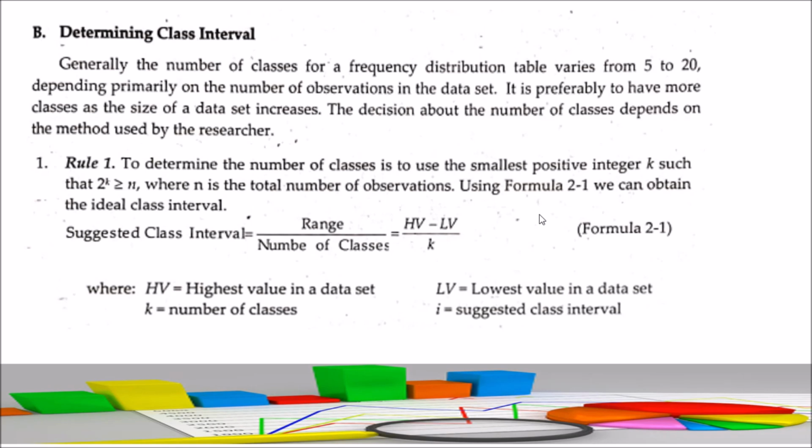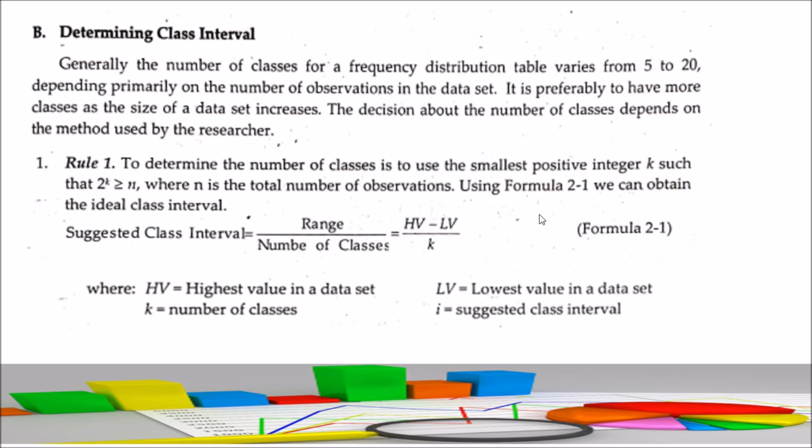So let's have here rule 1. To determine the number of classes, use the smallest positive integer k such that 2 to the power of k is greater than n, where n is the total number of observations. Using formula 2-1 in my reference, we can obtain the ideal class interval.